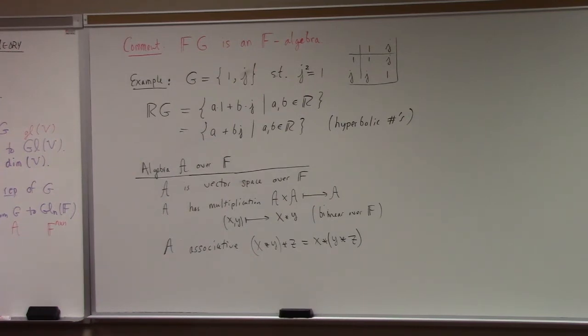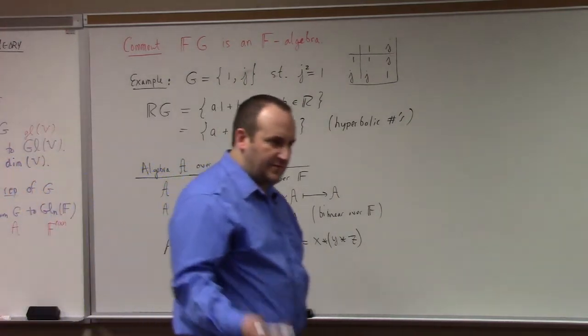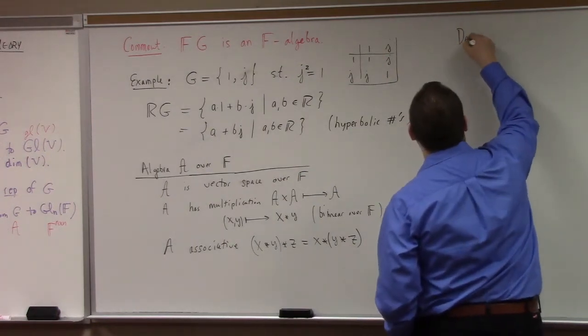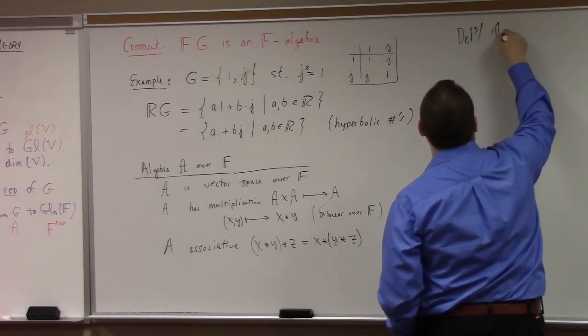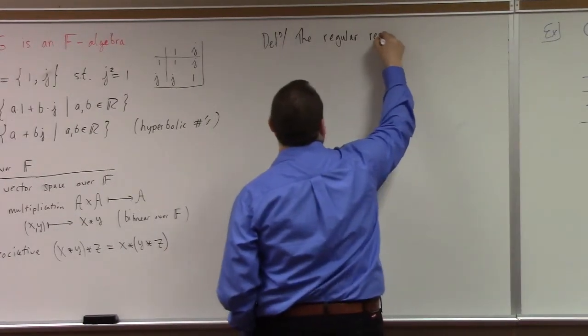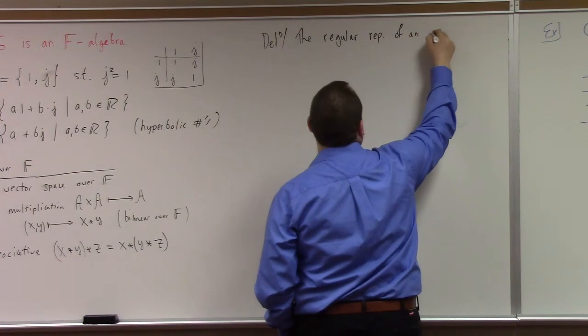So, if you're given an algebra, you can naturally start looking at representations of it, right? Like how can we look at a representation of the algebra? What would a representation of the algebra be? So this is called the regular representation of an associative algebra.